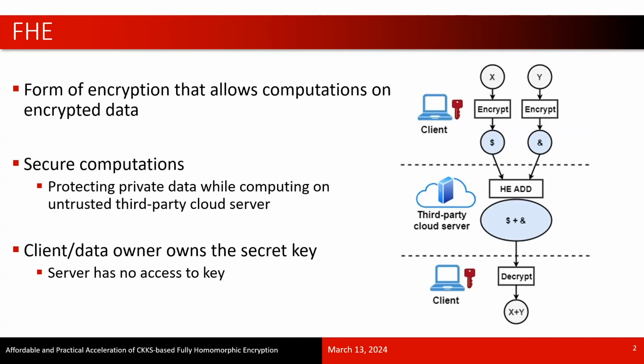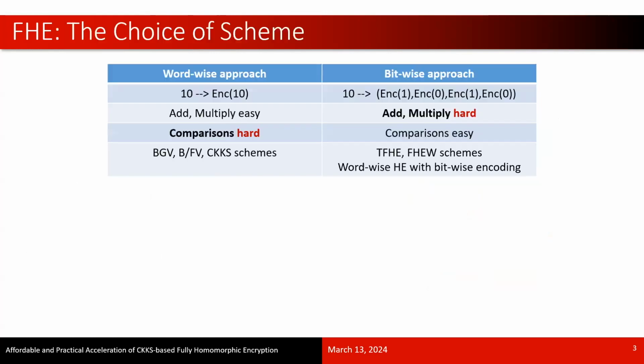The result of such a computation is in encrypted form and can only be decrypted by the data owner. The server has no access to the secret key. Only the client, or the data owner, owns the secret key. That's the basic concept behind fully homomorphic encryption.